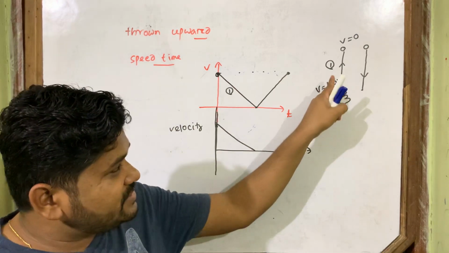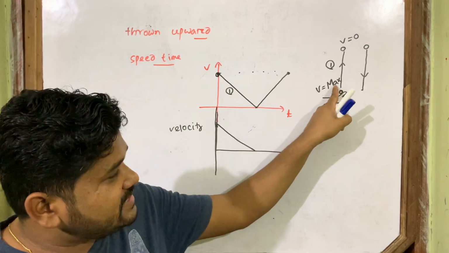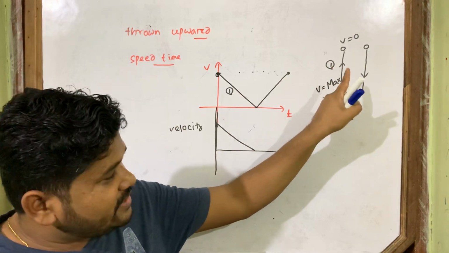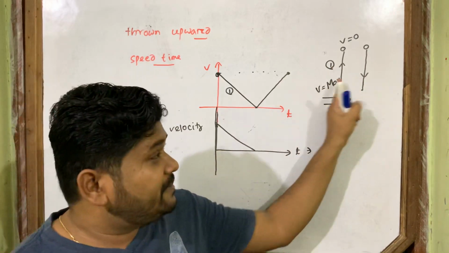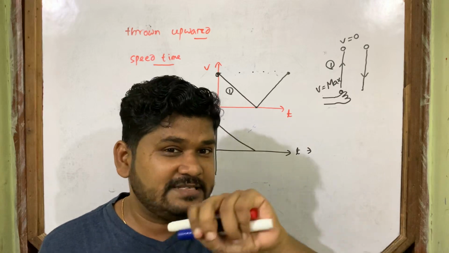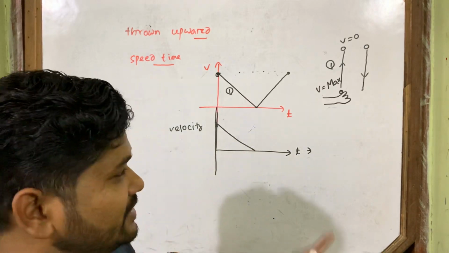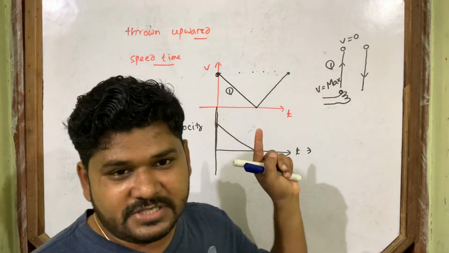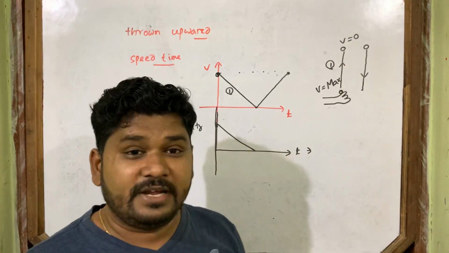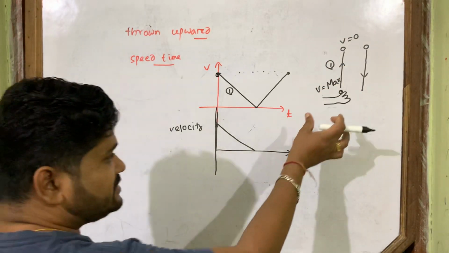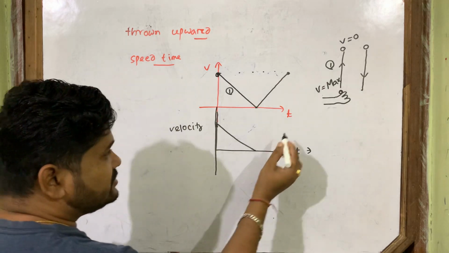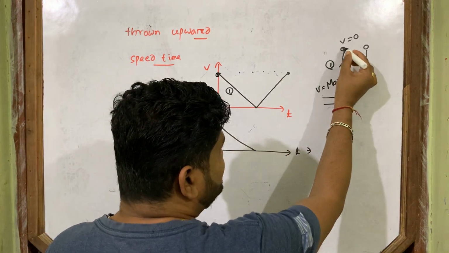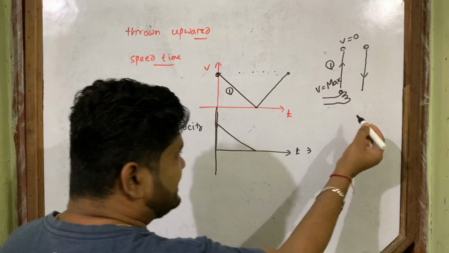When it starts with some speed, it also comes back with that much speed. But the difference is in direction. When it goes up, if it's positive, when it comes down you have to take negative. So its velocity will have the same value but negative. Now the velocity decreases in positive, becomes 0, and then increases in negative.